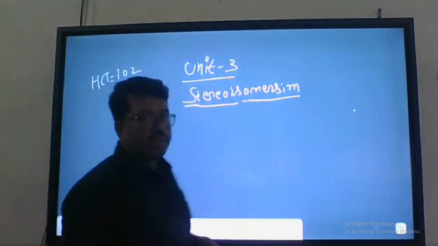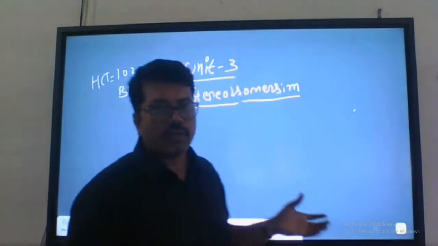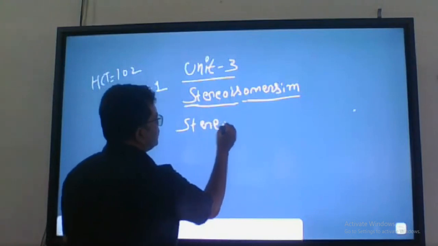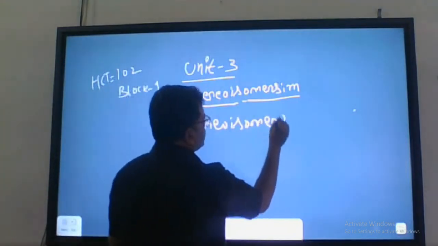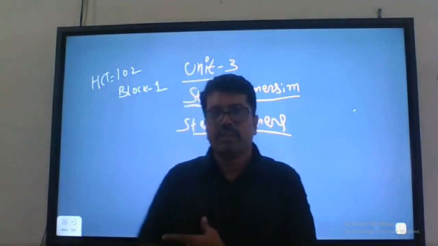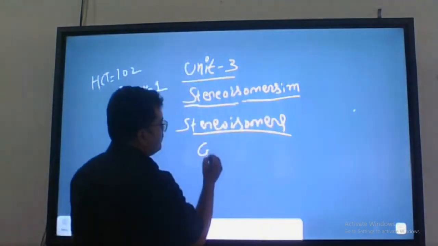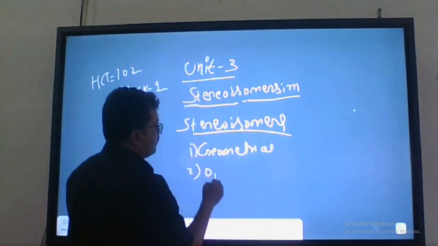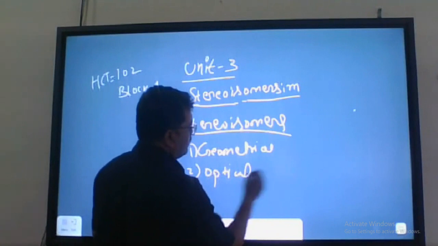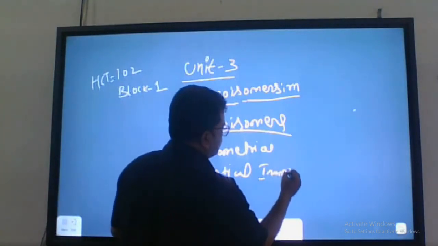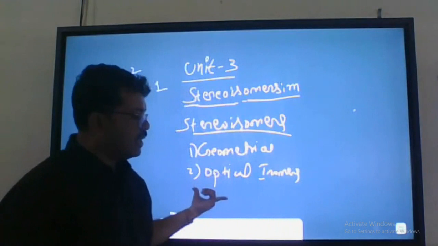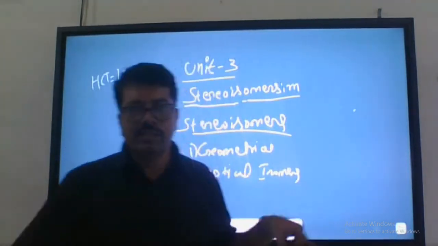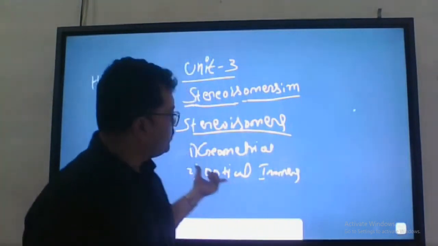So, two general forms of stereoisomers: one geometrical and another one optical isomer. The arrangement in geometrical is different, and in optical it is different.